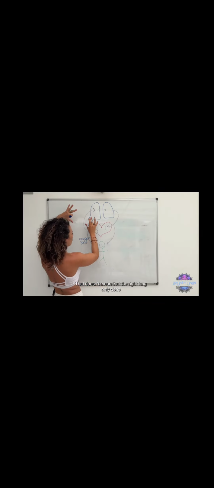That doesn't mean that the right lung only does deoxygenated blood and the left lung does oxygenated blood. Both lungs deal with both oxygenated and deoxygenated blood, right? But this is just the diagram. And then from the lungs, it's going to go back into the heart where it's oxygen-rich blood. And it goes into the heart where it gets pushed to oxygenate the whole body.